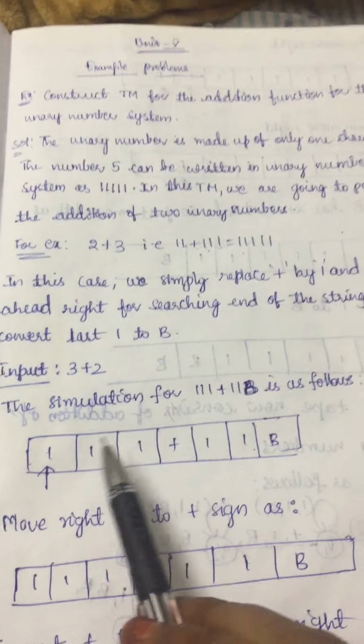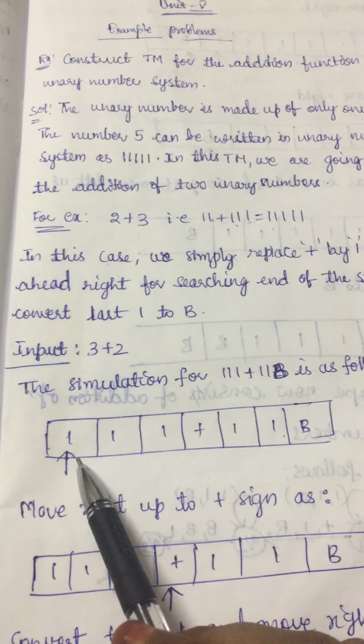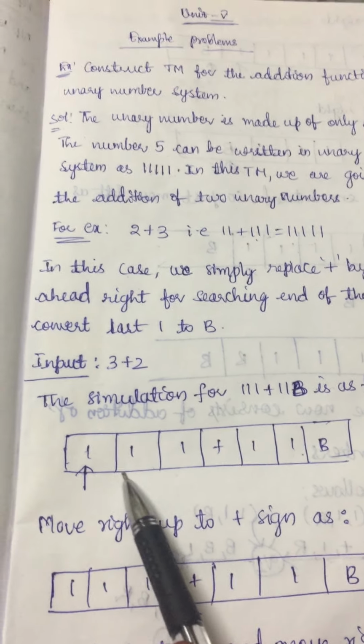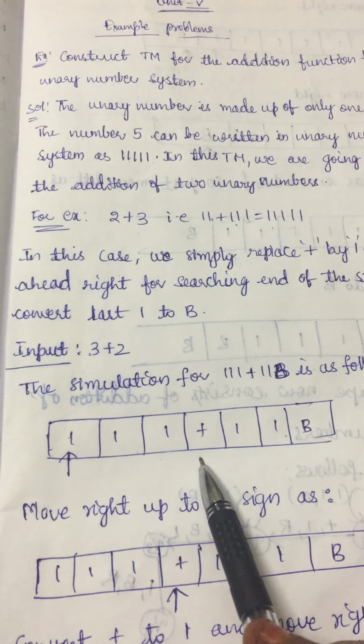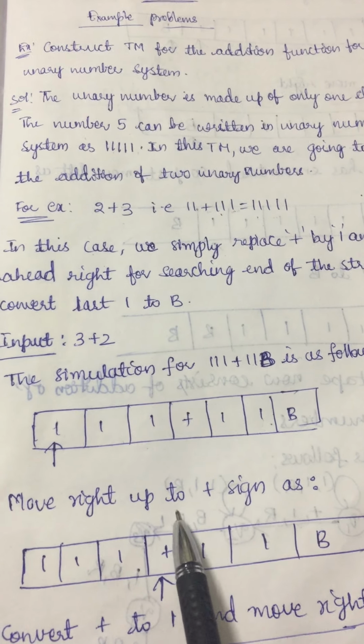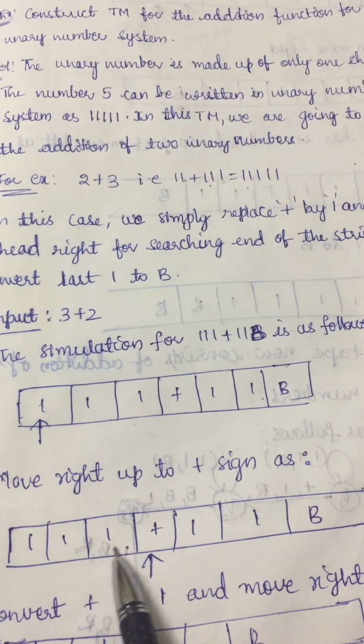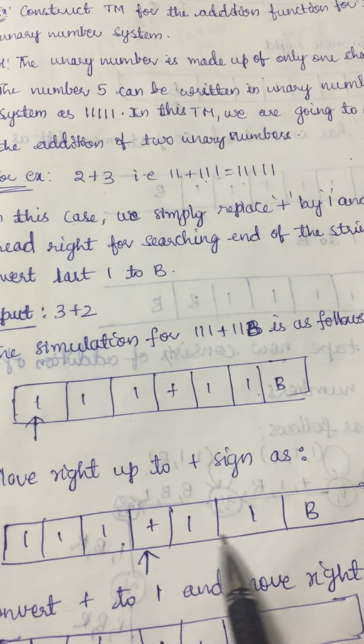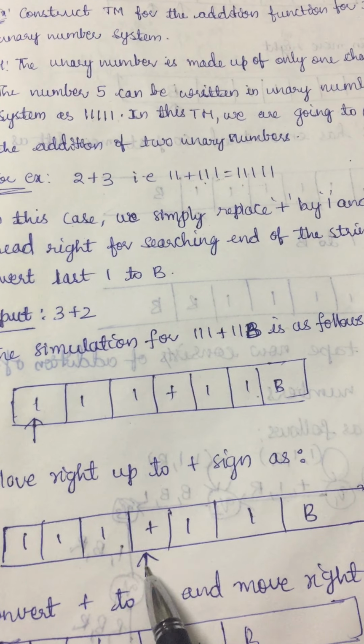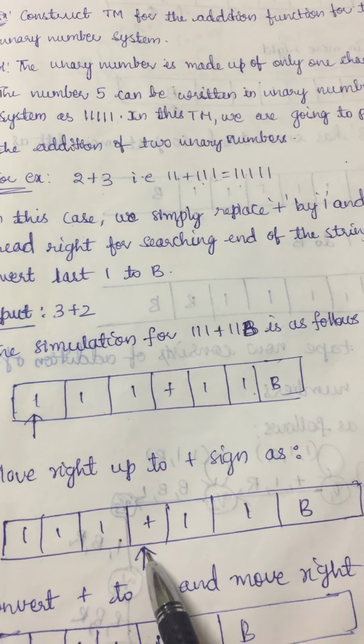So see here, now the control is at the first cell. Now move to the right direction till the plus symbol is found. So move right up to the plus symbol, and the pointer is indicated at the plus symbol.